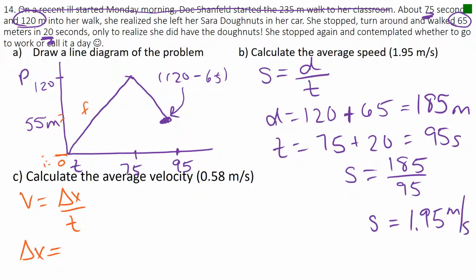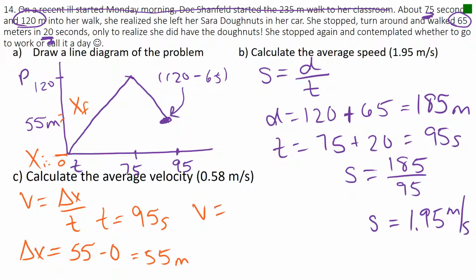I don't know why I'm putting a V. It should be an X. Okay, so XI is 0, XF is 55. So we're going to do 55 minus 0, which is 55. Shocking. And then the time is still the total time, which is 95 seconds.